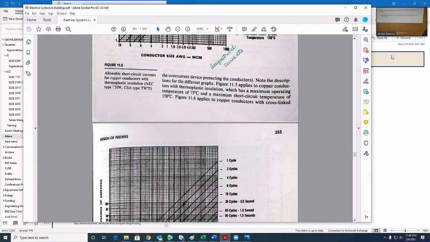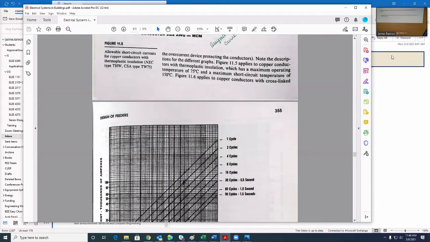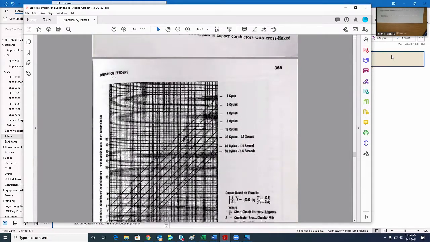Thermoplastic is not very good. For example, you cannot use this type of conductor outdoors because the ultraviolet rays in sun destroy the insulation.